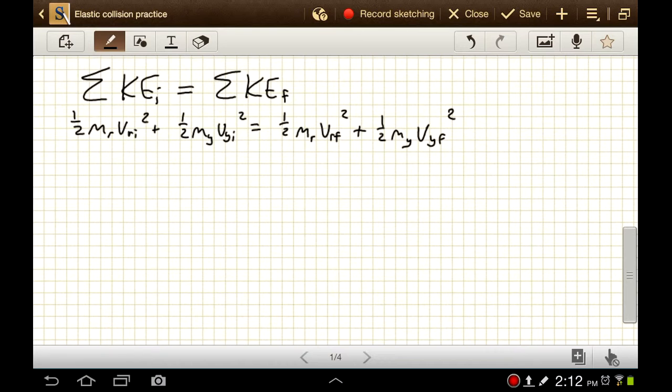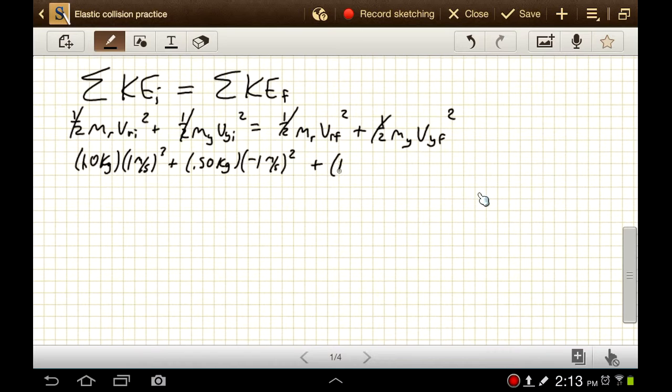Again, since the 1/2 appears in every term, we can divide everything by 1/2 and get those to cancel out, so we don't have to deal with those. Now we can plug in what we know. We get 1.0 kilograms times 1 meter per second, and that gets squared, plus 0.50 kilograms times a negative 1 meter per second, and that gets squared, so we'll lose our negative sign there, plus 1.0 kilograms times the velocity of the red final squared plus 0.50 kilograms times velocity of the yellow final squared.